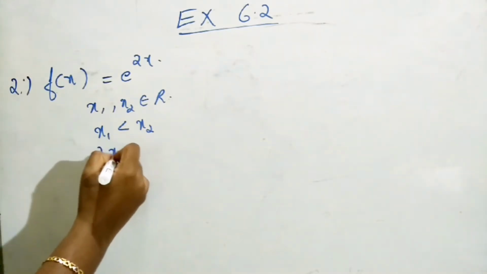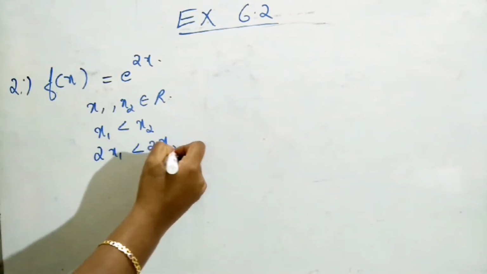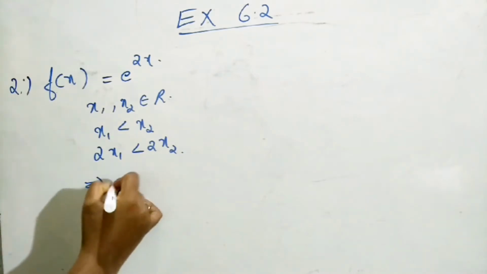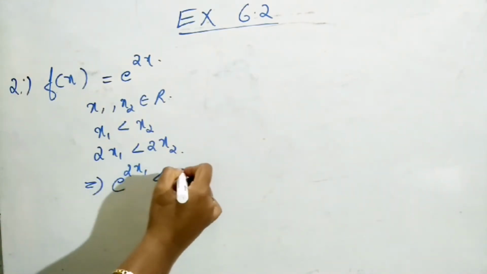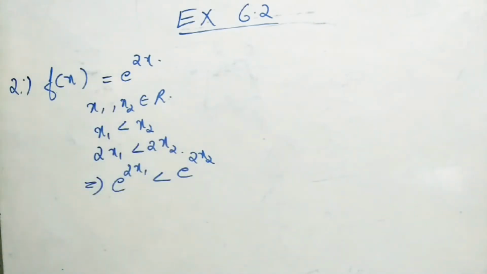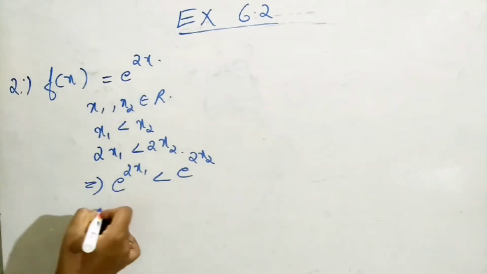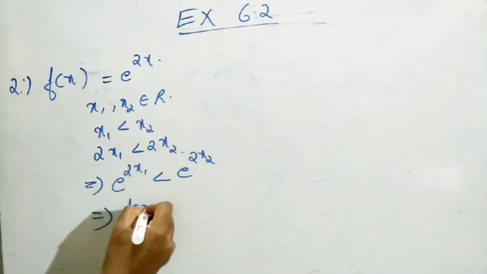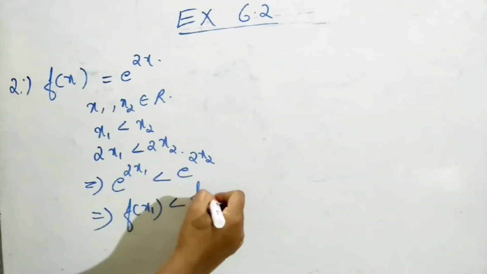Then 2x1 is also less than 2x2. If you multiply that inequality throughout by 2, we get 2x1 less than 2x2. This implies e raised to 2x1 is less than e raised to 2x2. Since f of x is e raised to 2x, this is f of x1 and this one is f of x2.